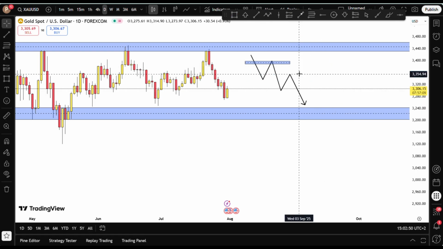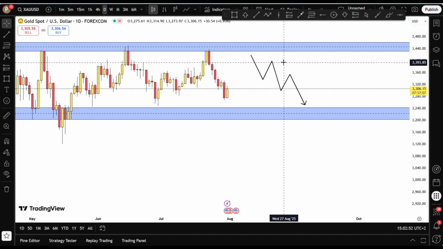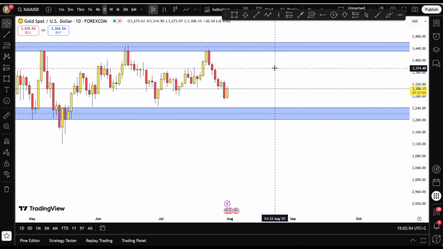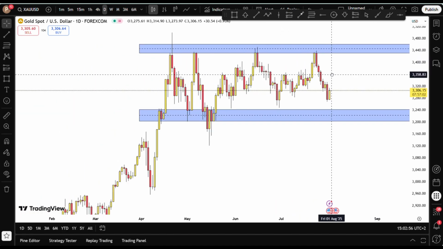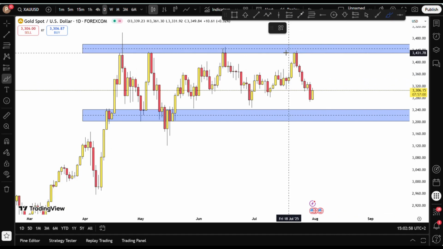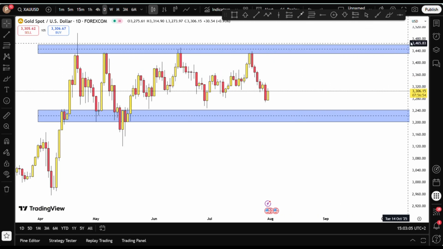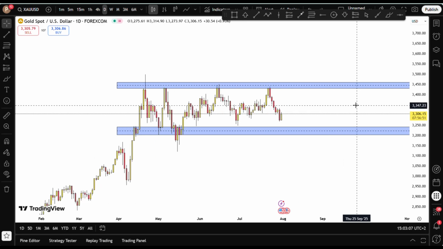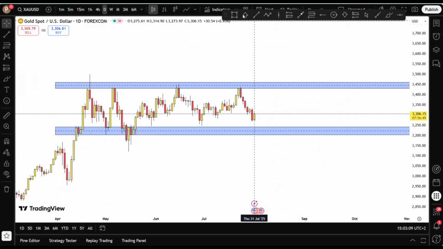So it was very advisable to look for selling opportunities here on the daily after this zone got touched and rejected, right? So currently we are in a downtrend.